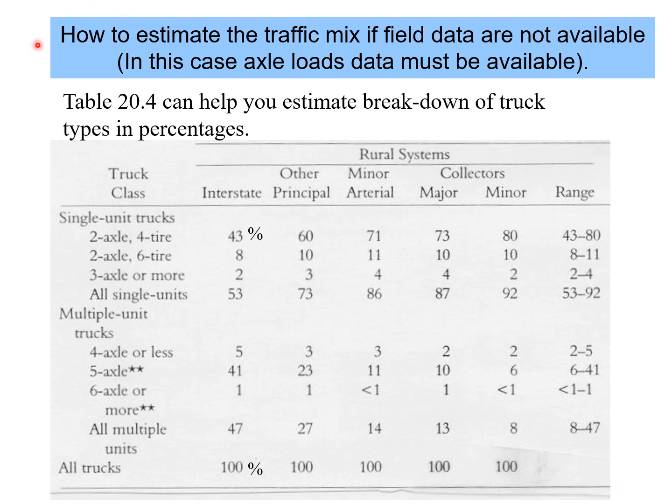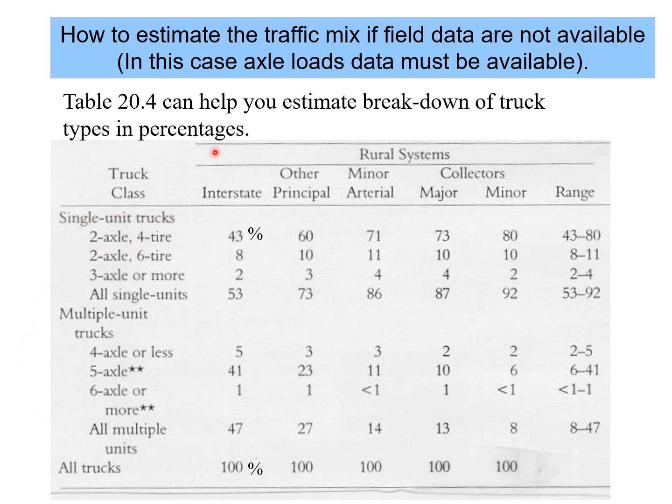How to estimate the traffic mix if field data are not available? In this case, axle load data must be available, so we can use this table and you can consider these types of traffic, or you can say these types of vehicles.